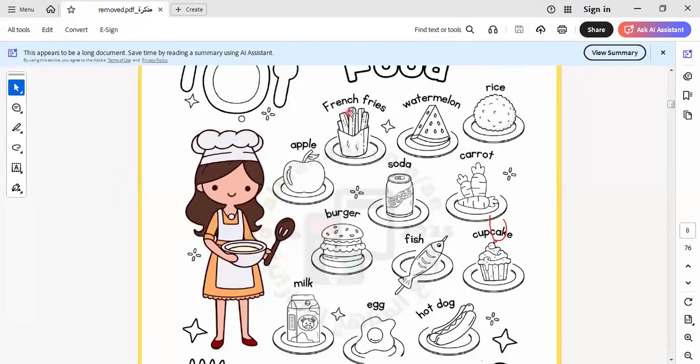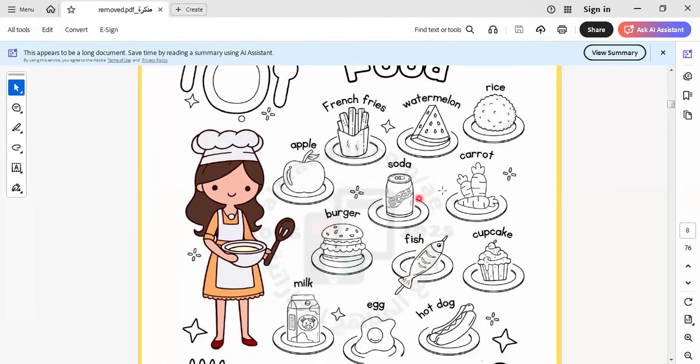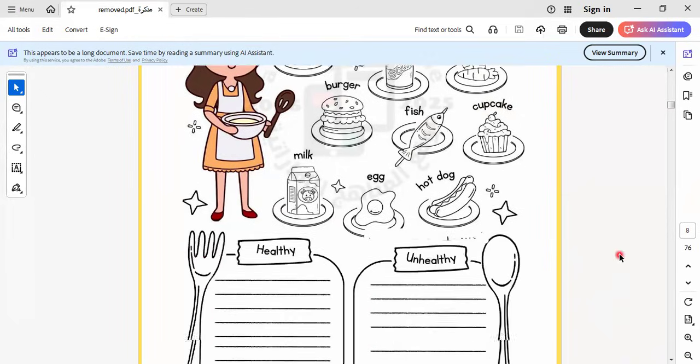The unhealthy food will be here: French fries, soda. I would like to note here that French fries are unhealthy, soda is unhealthy, cupcake is unhealthy, hot dog is unhealthy, burgers are unhealthy. All these foods are unhealthy.